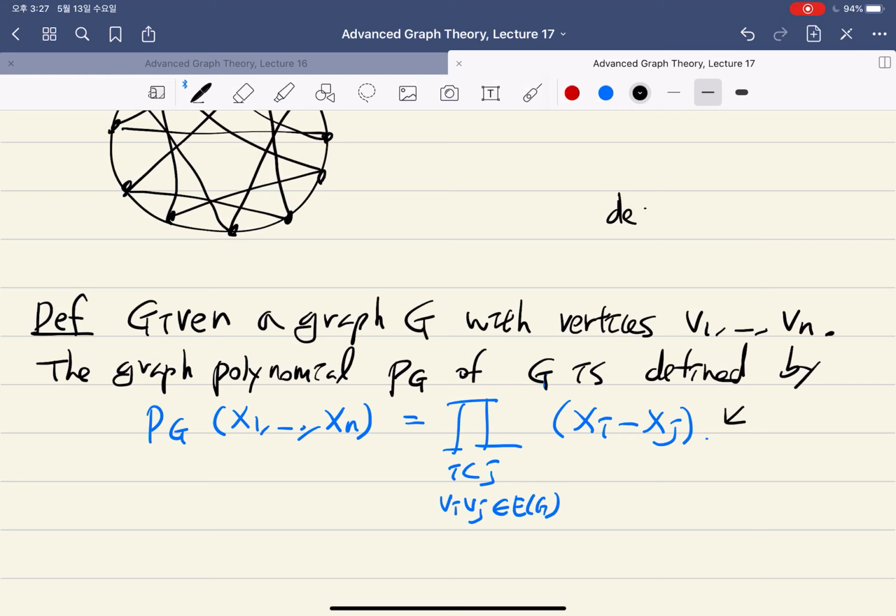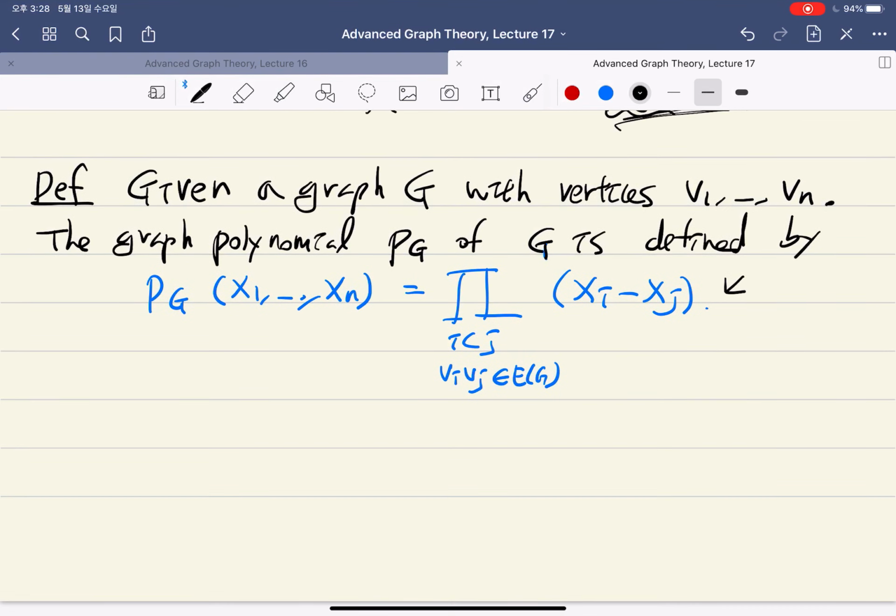For example, we say degree of a vertex. That comes from this polynomial. This xi corresponds to the vertex vi. Then the degree of xi in this polynomial is the degree of vi. And also some terms like factor also come from this polynomial. And lots of terminology actually stems from this definition.